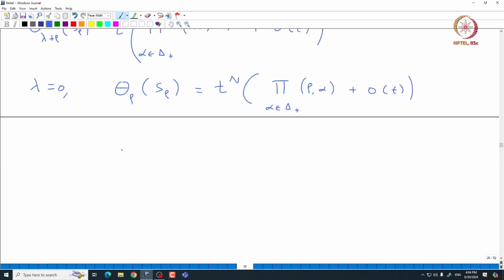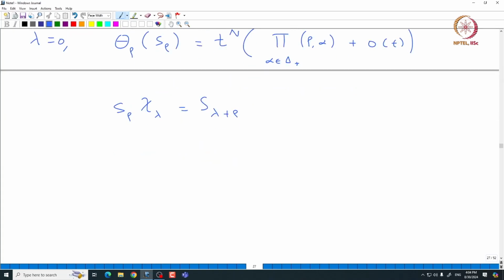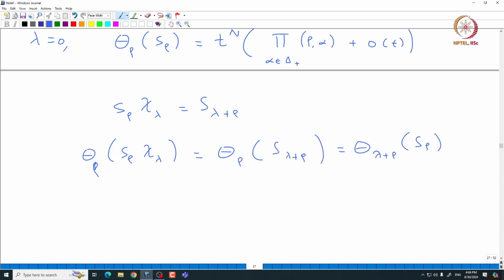Now you can see that S rho chi lambda is nothing but S lambda plus rho. So, now if you apply theta rho on both sides, you can see that theta rho of S rho times chi lambda is equal to theta rho of S lambda plus rho, which is exactly theta lambda plus rho of S rho.